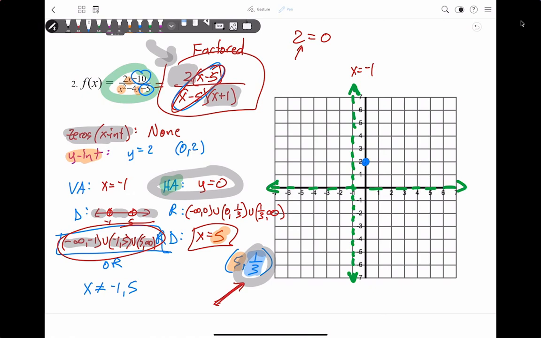And if I were to graph this out, it looks something like this. We have a hole at (5, 1/3), which is right here. So the graph is going to look like this. It approaches the vertical asymptote, goes through that y-intercept, shows that it does not have an x-intercept because of that none, and it approaches a horizontal asymptote of y equals 0 as it goes to the right.